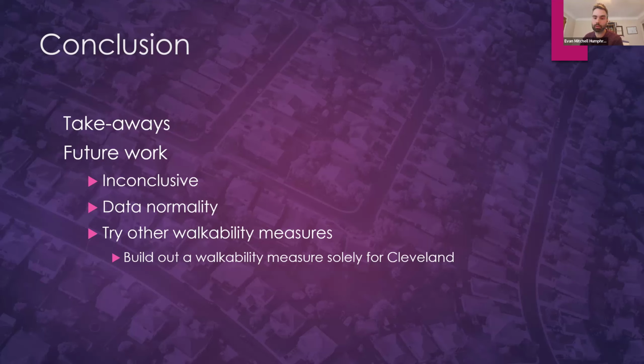It could also include producing organic data specific to Cleveland, which I could grab from imagery or go out and survey myself. I could build out a walkability measure that would include the number, length, and condition of sidewalks and pedestrian passageways, and see if I'm getting some more compelling results. But ultimately, I'm going to have to go back and do some further tests for normality.